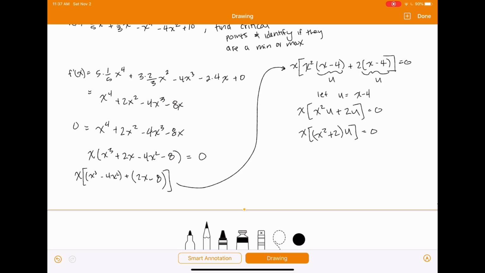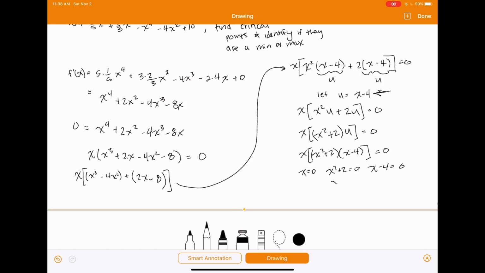All right, and then we're going to go ahead and replace our u back in with what we set it equal to up here. So x times x squared plus 2 times x minus 4 equals 0. So then we can set all of these individually equal to 0. So x equals 0, x squared plus 2 equals 0, and x minus 4 equals 0.